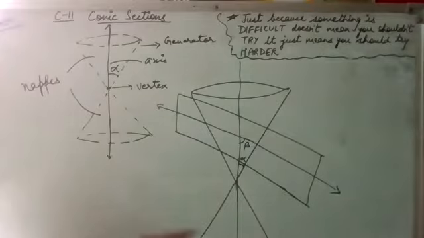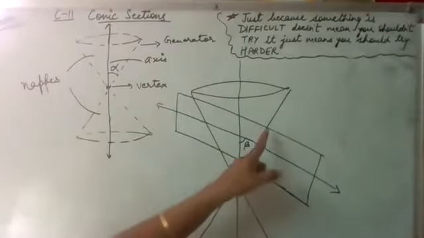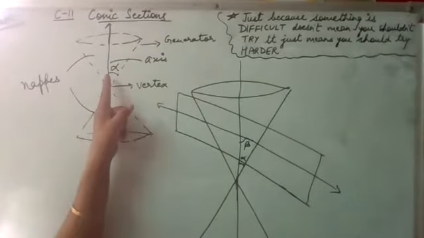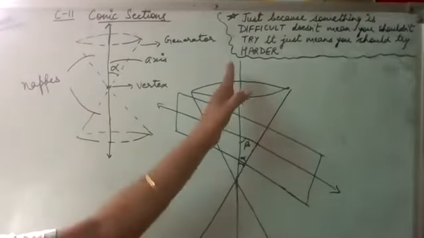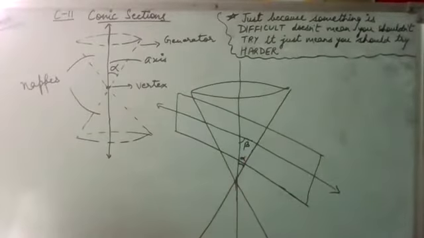The angle between axis of cone and generator was alpha. The angle between axis of plane and axis of cone we are taking as beta.